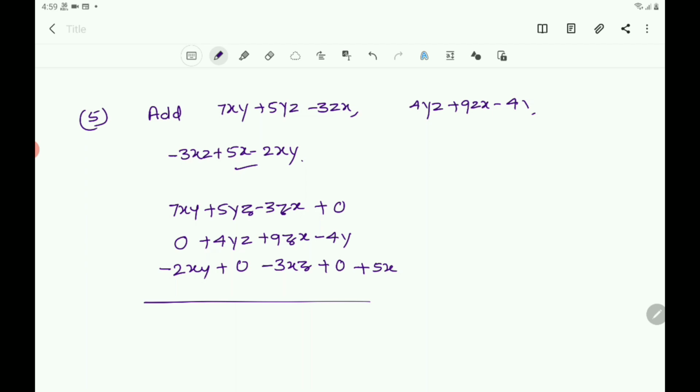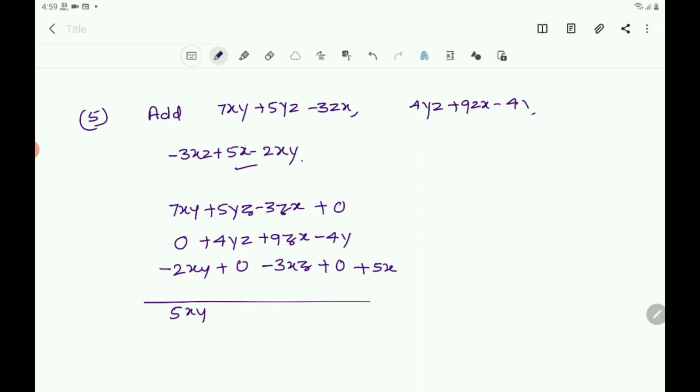Now, as it is an addition and there is no necessity of changing the sign, first you add these two. The sum of 7 and minus 2 is nothing but subtracting 2 from 7. You know that 7 minus 2 is 5. You write 5xy.